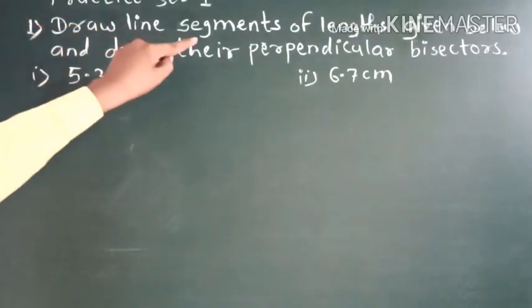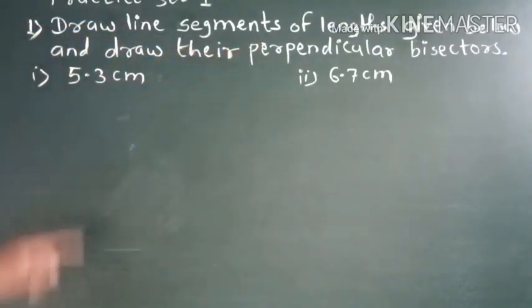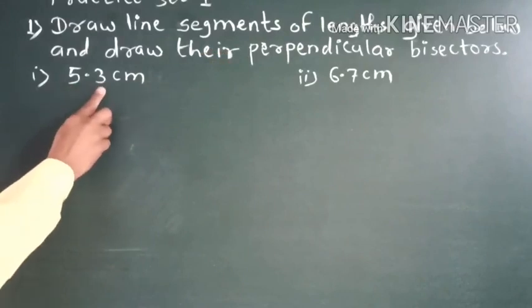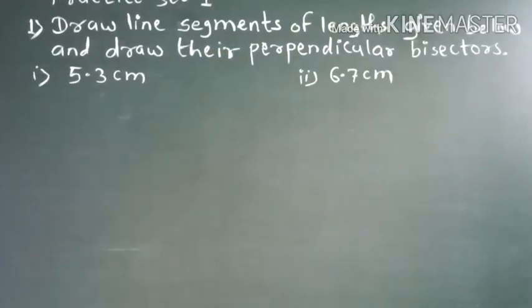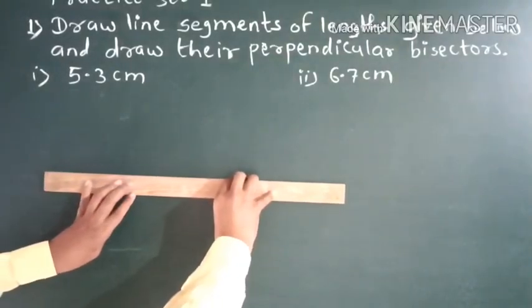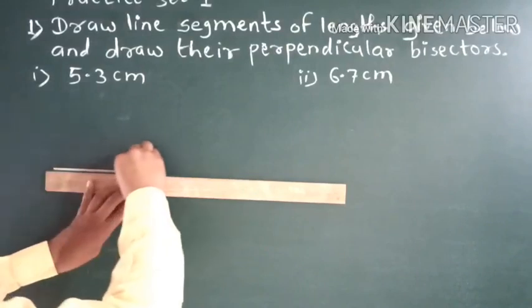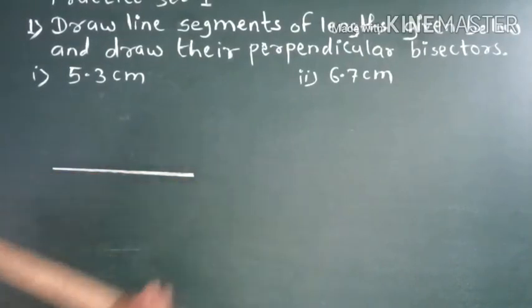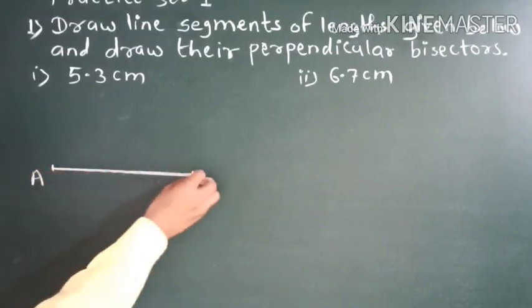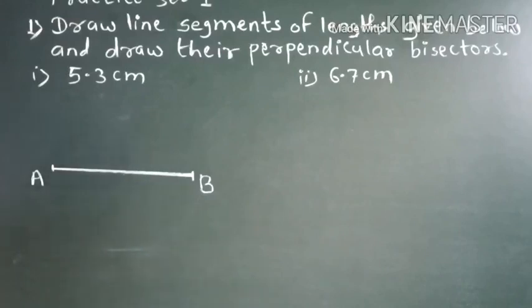The first practice set: draw line segments of lengths given below and draw their perpendicular bisectors. He says draw a line segment of length 5.3 cm. First we draw a line segment of length 5.3 cm. This is segment AB of length 5.3 cm. Now we use a compass to draw the perpendicular bisector.